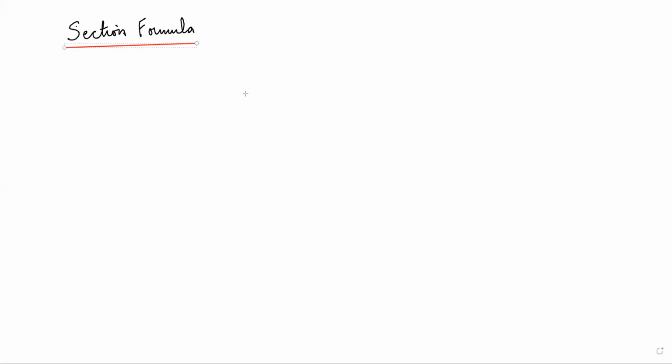Yes. So, Sri Akal students, what is section formula? Very simple. Suppose we have a line AB. This line AB is being divided internally by some point P in some ratio m is to n.